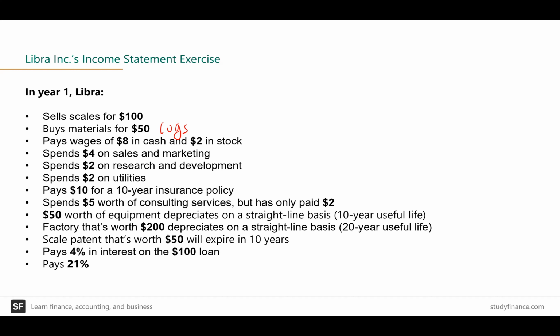And since we took out a loan of $100 at a 4% interest rate, we will also have to bear in mind to enter that expense as well. And finally, we're going to assume a tax rate of 21%, which is the current corporate tax rate. So you can try to tackle this on your own using the provided Excel sheet or follow along as we complete the income statement together.